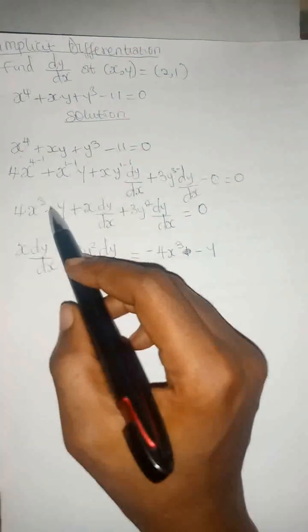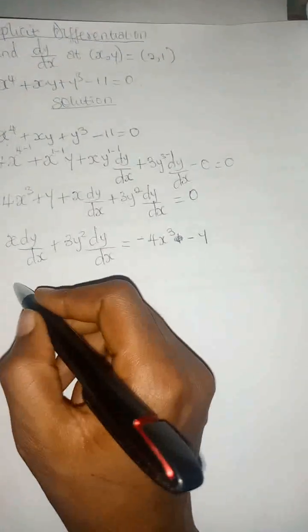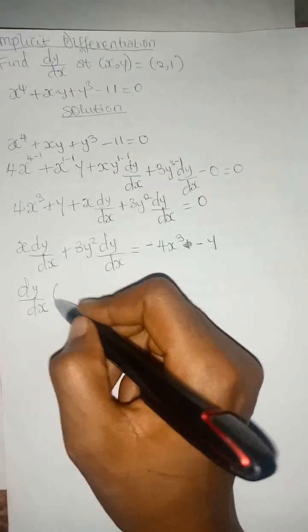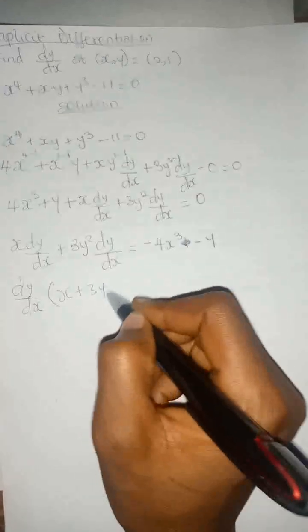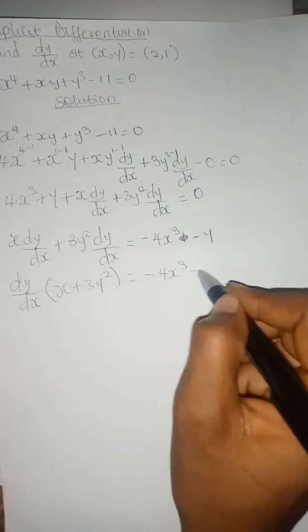Remember, this is plus, so if it comes over it changes to minus. Now we collect like terms and we factorize. We have x plus 3y squared is now equal to minus 4x cubed minus y.